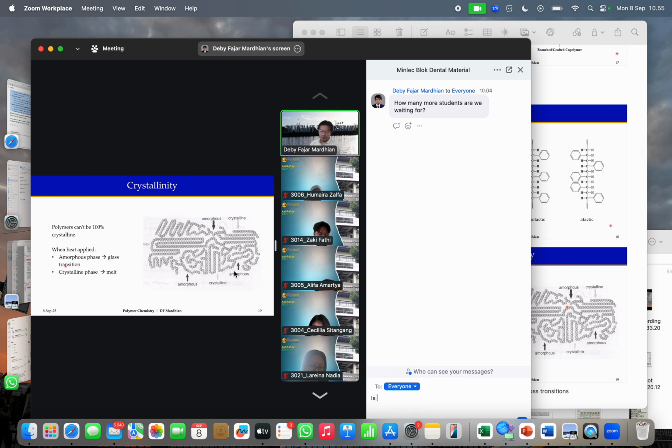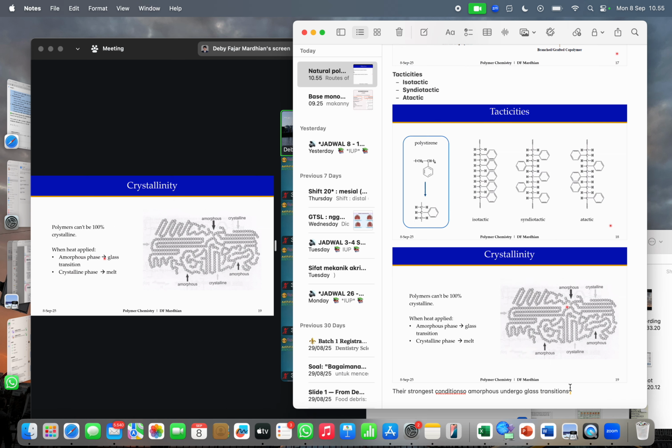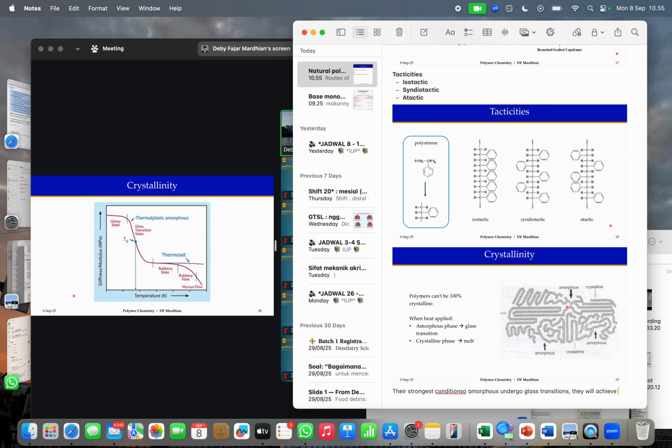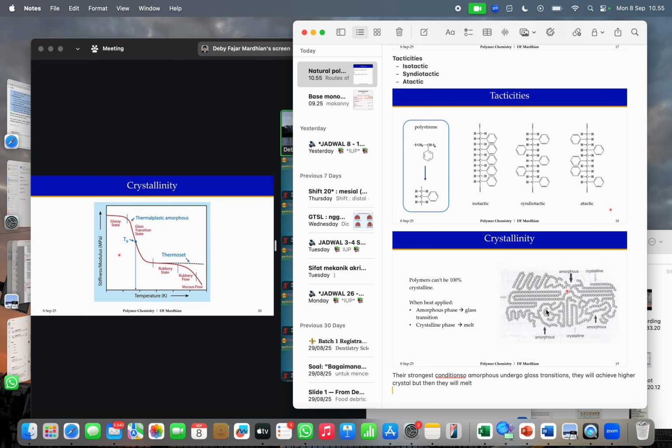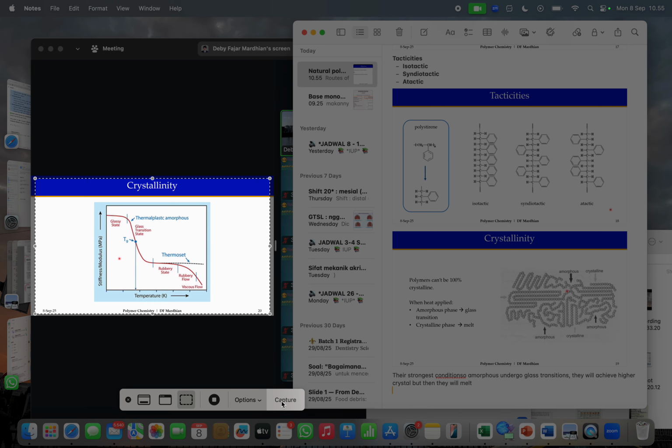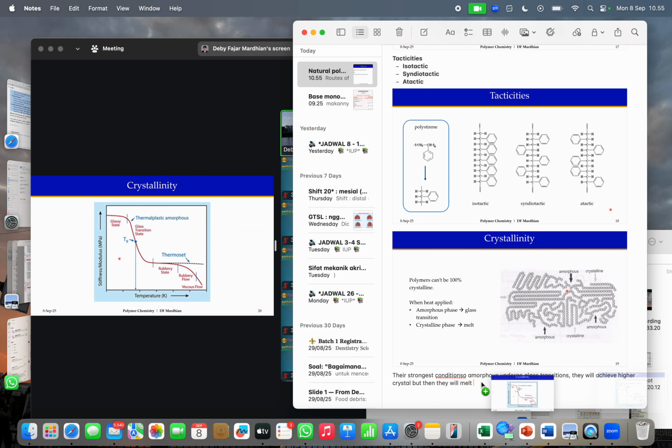Also, the amorphous phase, after glass transition, will achieve higher crystallinity, but then again, they will melt. So here is the illustration of what I discussed earlier about the glass transition and melting of the crystalline polymer.